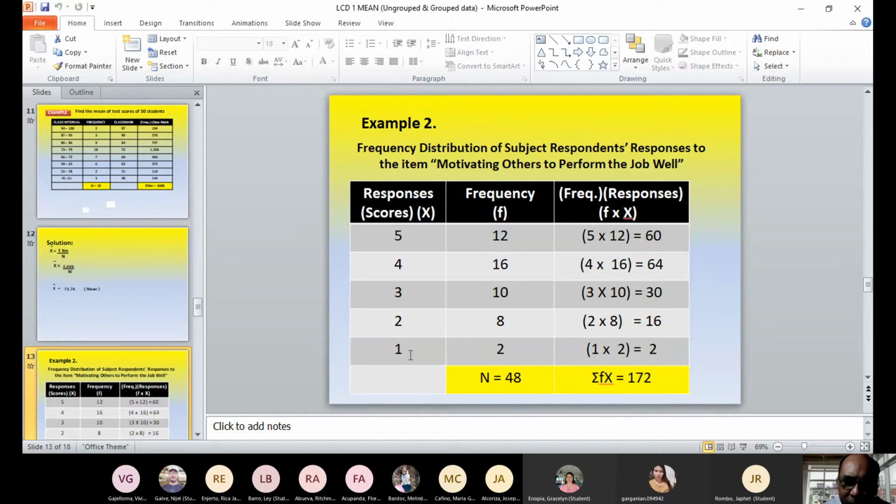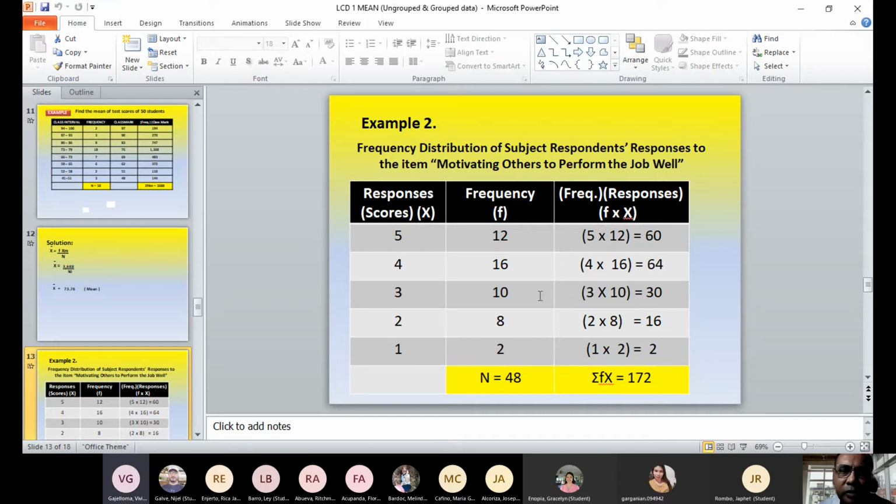Pero may 1 kita nga ginbutang. Nilagyan natin ng 1. So meaning to say, this is Likert. So Likert, ang tawag nun. L-I-K-E-R-T, Likert. Meaning to say 5, 4, 3, 2, 1.